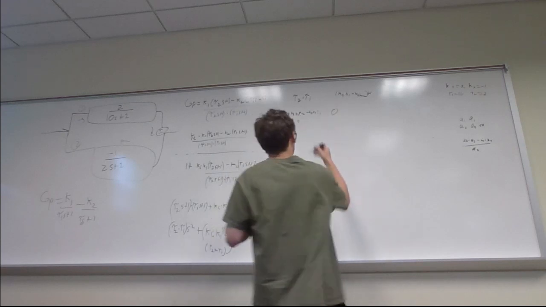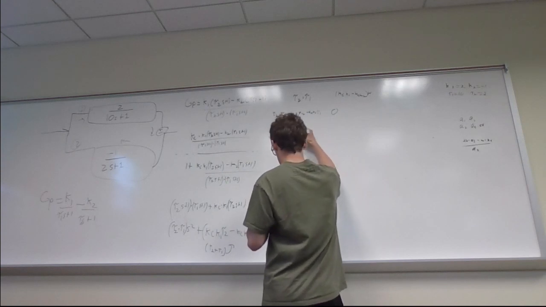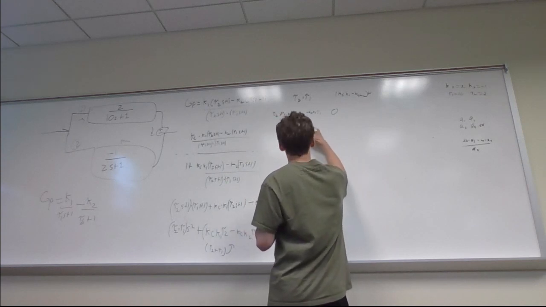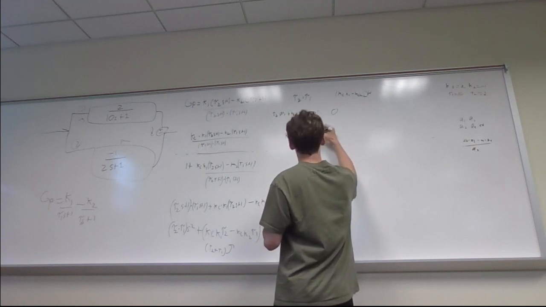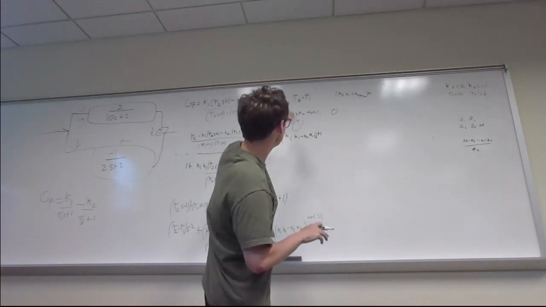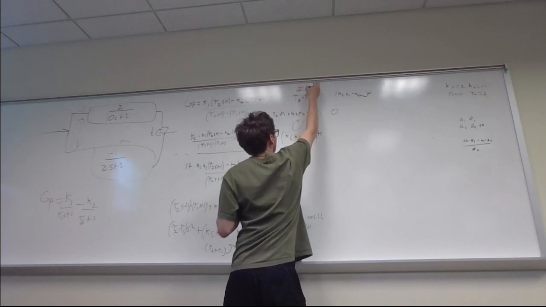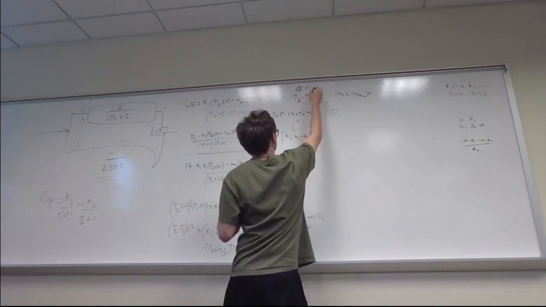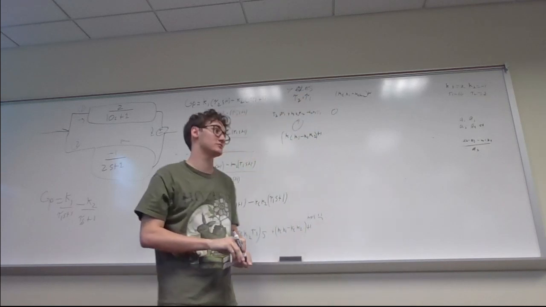So this equals KC K1 minus KC K2 plus 1. Now we got to see if all these are positive. This one is positive because, again, it's time. Time can't go backwards.